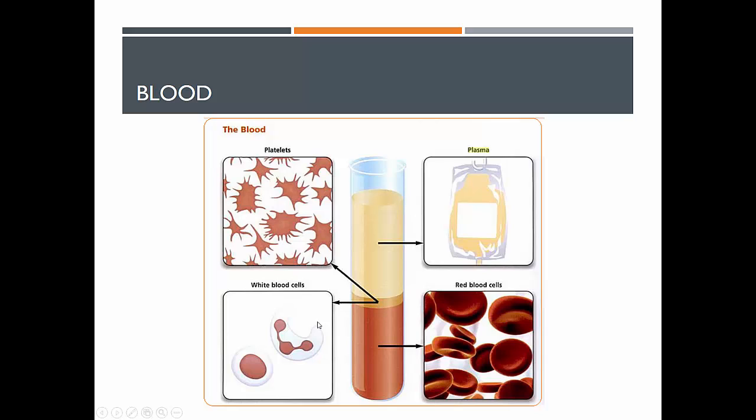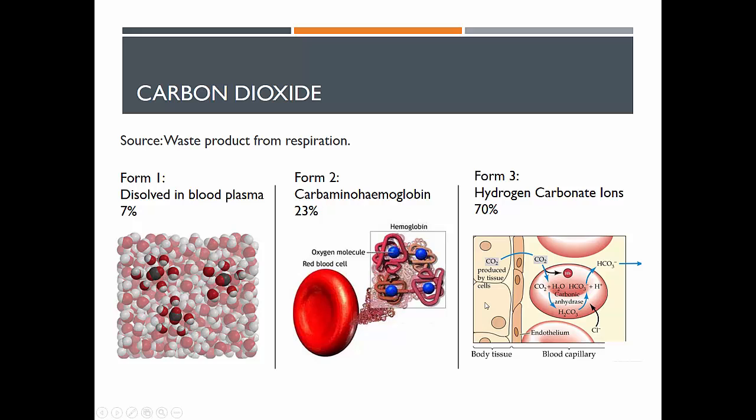We have a small little band here that has white blood cells and platelets in it, and while they are interesting in themselves, they are not hugely what we want to talk about today. We're mainly interested in the stuff that's in plasma and the stuff that's in red blood cells. So let's look at these two today.